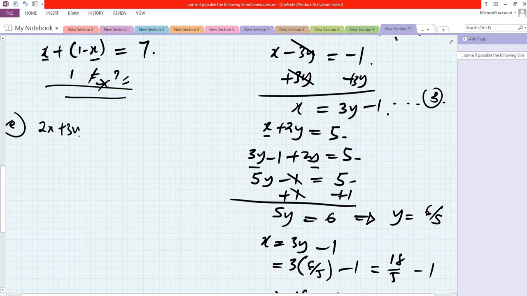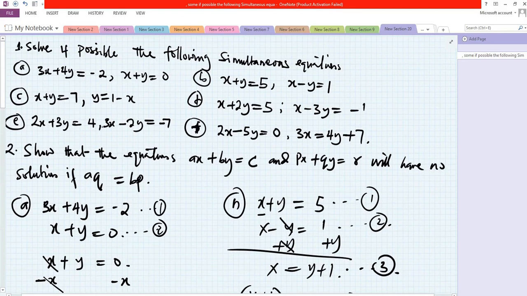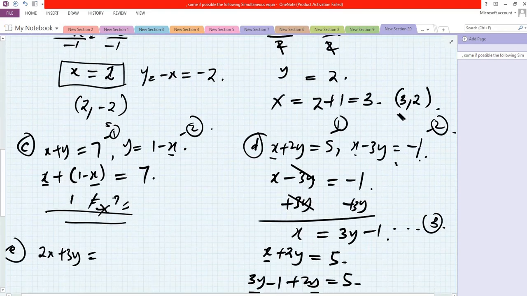Then for E you have 2x plus 3y equal to 4.